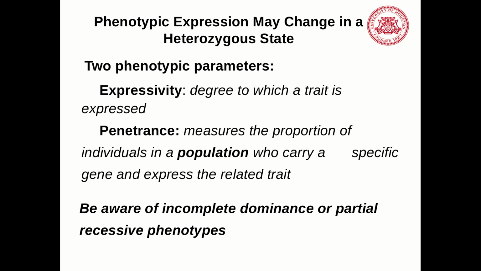Now, penetrance measures the proportion of individuals that carry the gene and show the trait. If a mother has blonde hair and dad has black hair, and you have 10 kids and only 2 have blonde hair, that would be a low level of penetrance because not very many of them had blonde hair. So it's the proportion. Make sure you're aware of the difference between expressivity and penetrance. You have to talk about that in the papers as we move through.